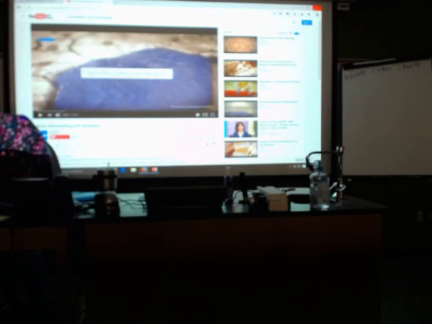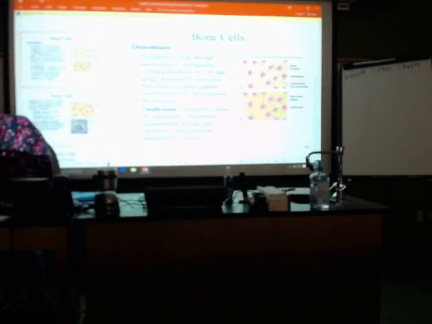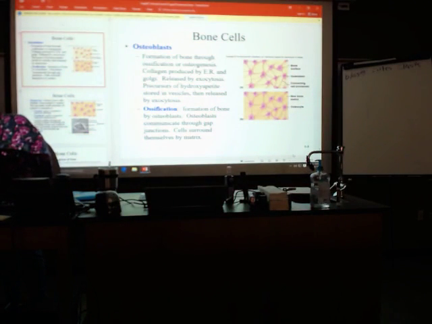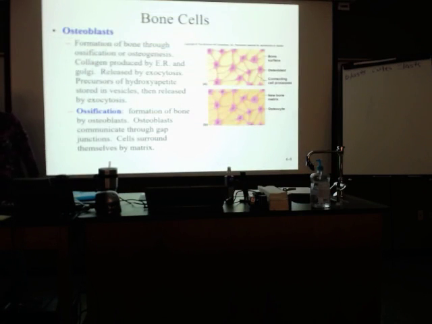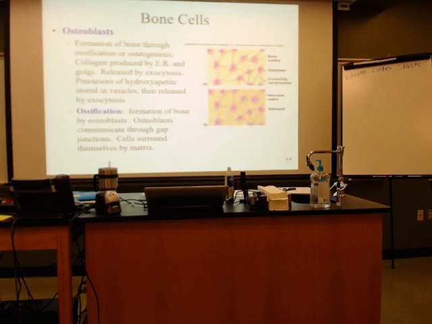So, this is the point that we left off on Thursday, and I think I was trying to point out a major difference about the connection between the cells in the bone's matrix. And did we talk about them having that connection one cell to the next? One cell? Okay.